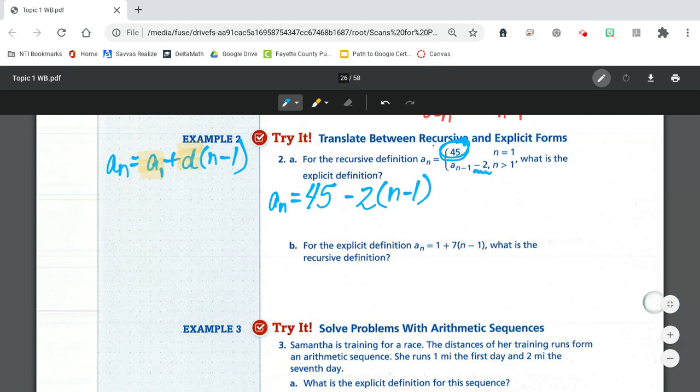So that's the explicit definition. But we're going to need to simplify our answer so you can distribute this negative 2. So a sub n equals 45 minus 2n plus 2. But then that will simplify even further. So we have a sub n equals 47 minus 2n.